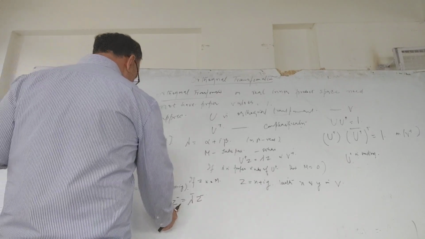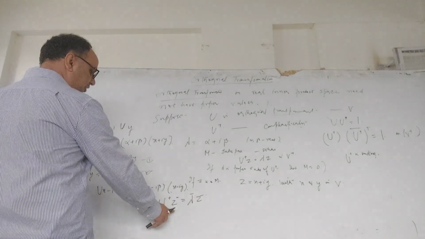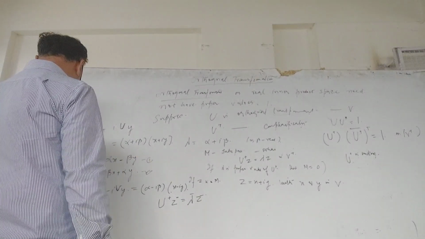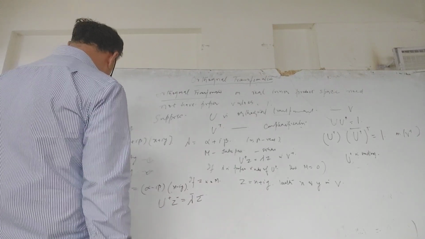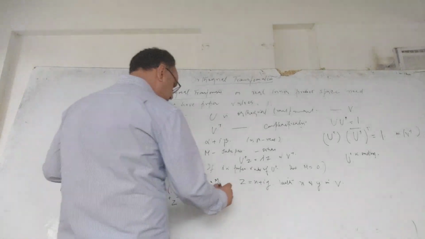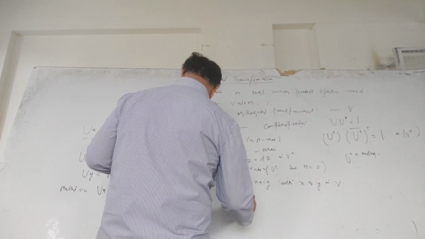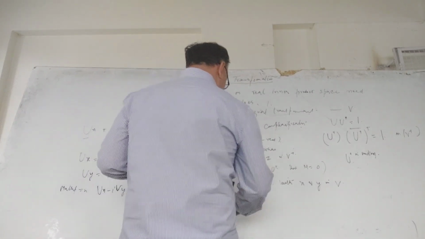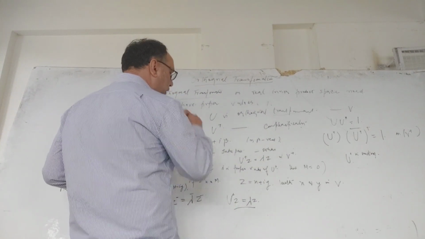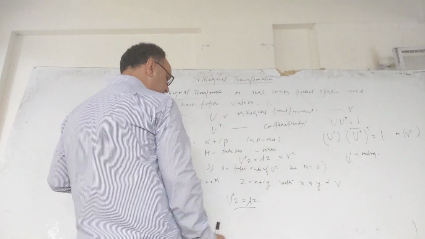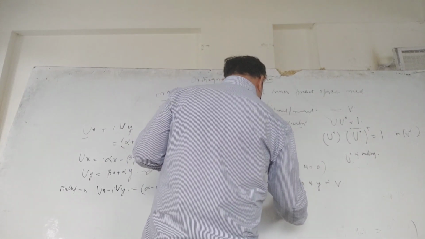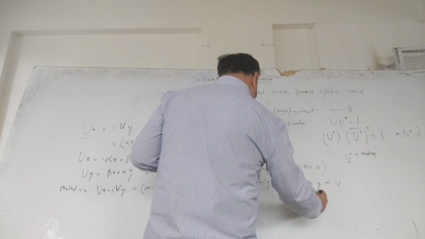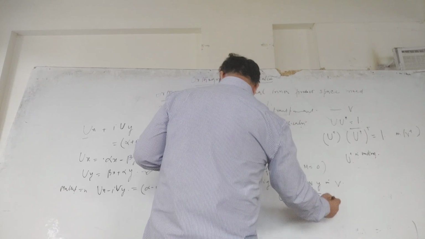And z is a convenient symbol. It can be alpha plus iota beta, or x plus iota y. Since it's a complex conjugate, U plus z has solution lambda z. If you take z bar, the complex conjugate, it will be lambda bar z bar.